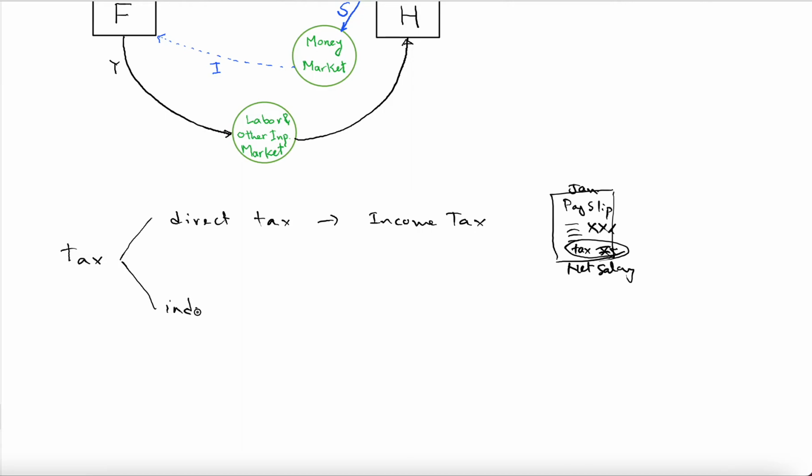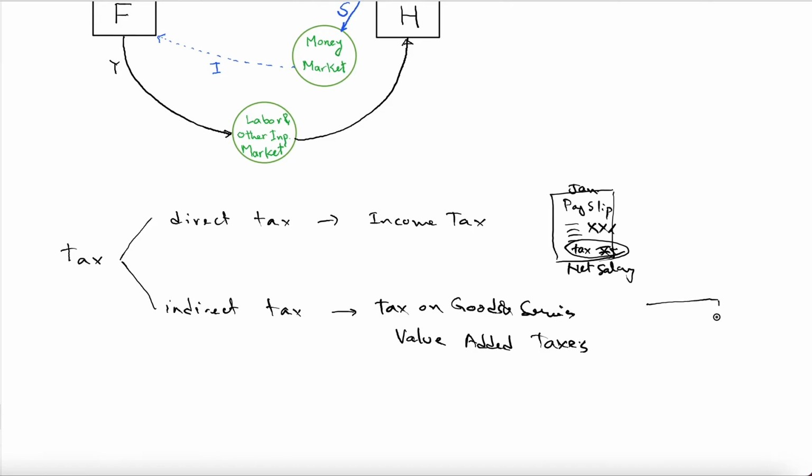Alternatively, it's indirect tax, and this is tax on goods and services, or value added taxes. These are other names, value added taxes. So whatever you buy from the market, you don't directly give it to the government. The government takes it from the sales people.